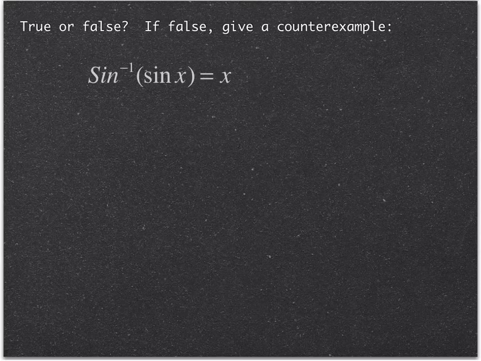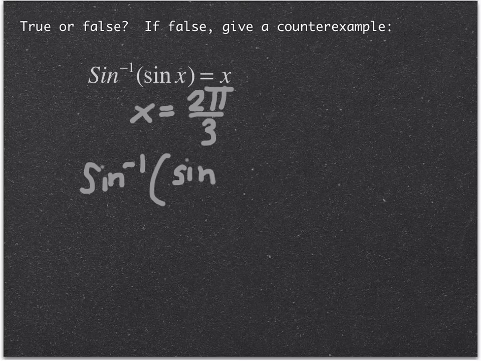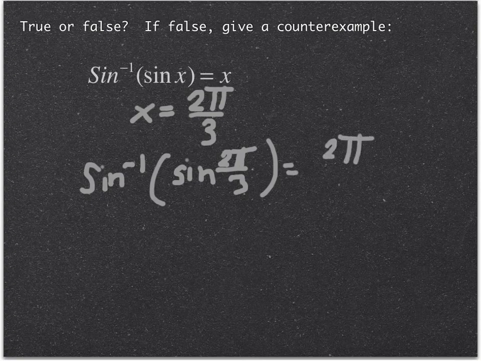Let's say that x is 2 pi over 3. That's about 120 degrees, I think. If I plop that in here, I'm just getting a feel for whether this might work or not. So the sine of 2 pi over 3, does that actually equal 2 pi over 3?